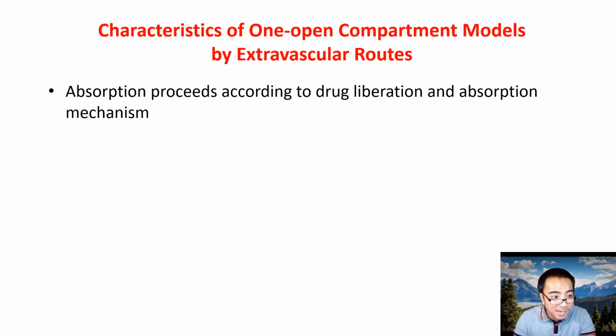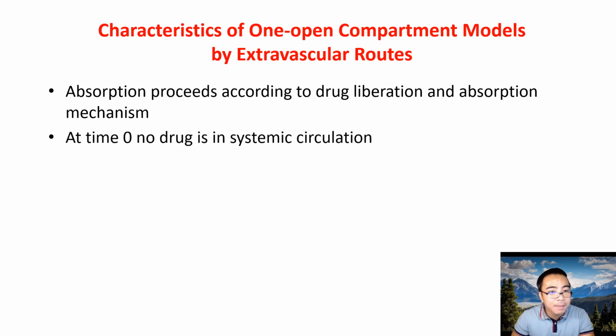The difference between intravascular and extravascular routes of administration, open one compartment model, is that the intravascular route has no absorption phase, obviously, but the extravascular route has an absorption phase. And obviously, the Cmax of IV is higher than that of extravascular. Extravascular could refer to your oral route of administration.